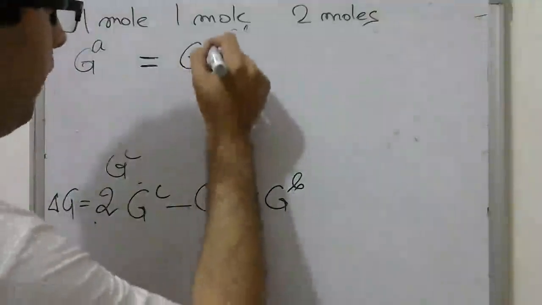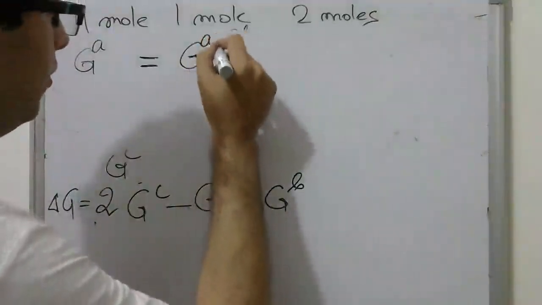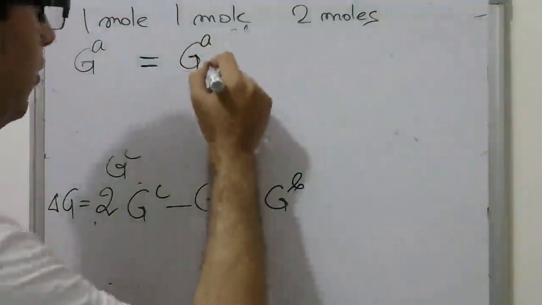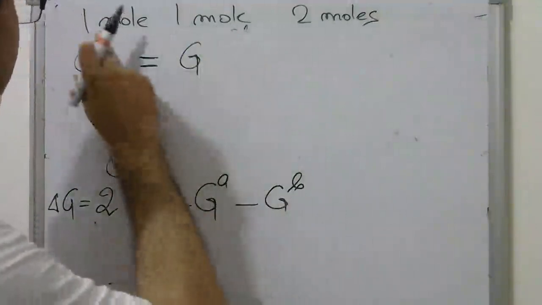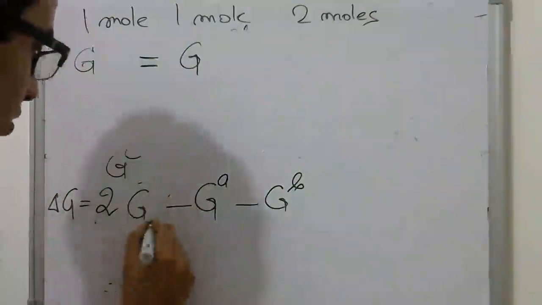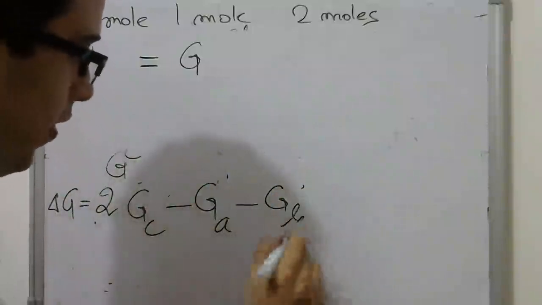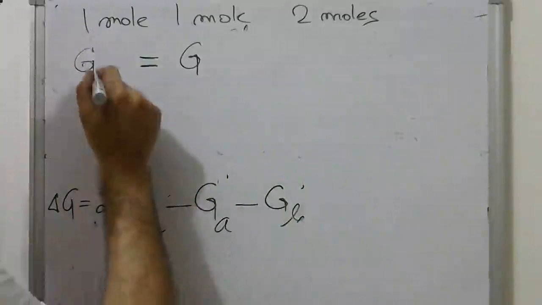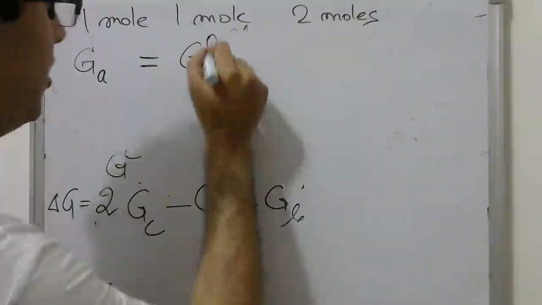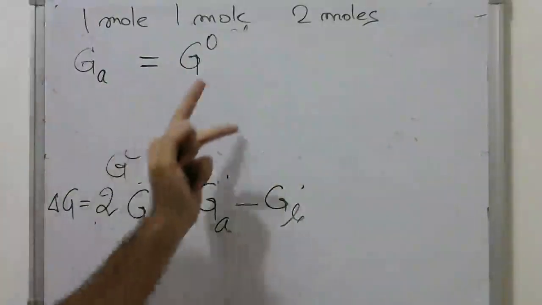GA is G0, as I have derived for any system.